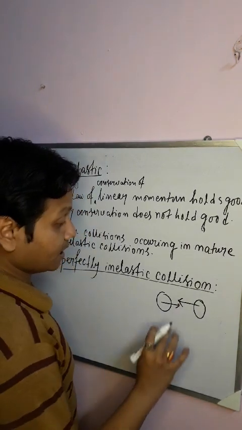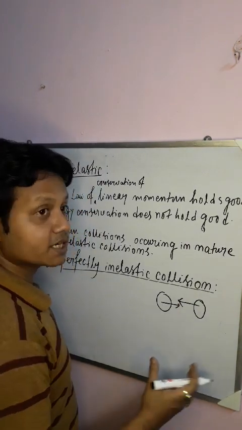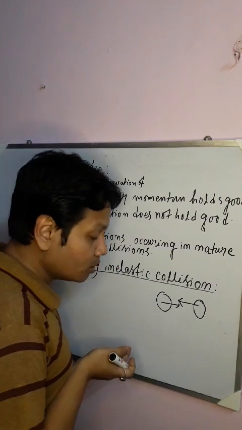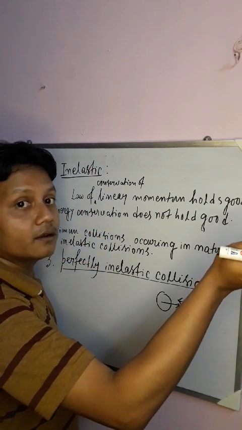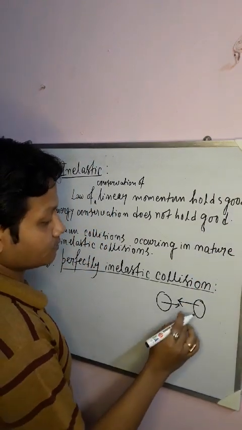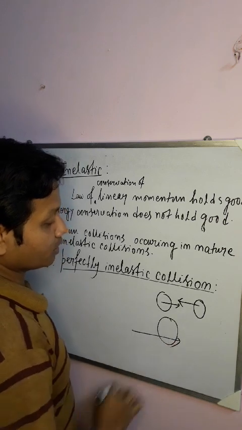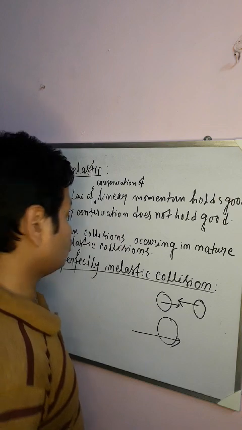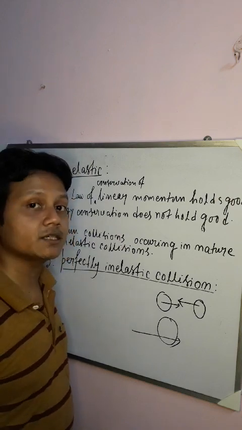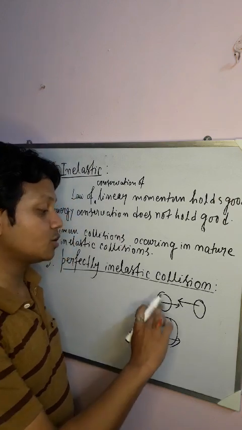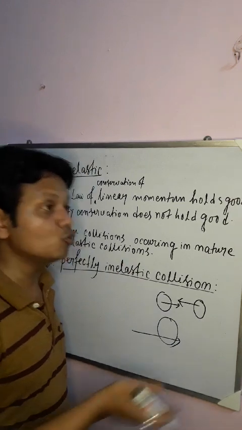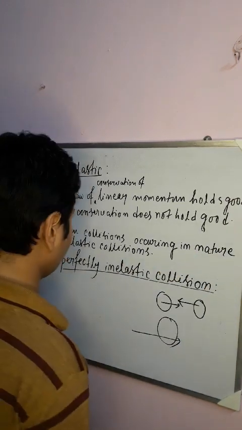After collision both the objects combine and move together with a common velocity. So in a perfectly inelastic collision, after collision the two bodies join and move with a common velocity.